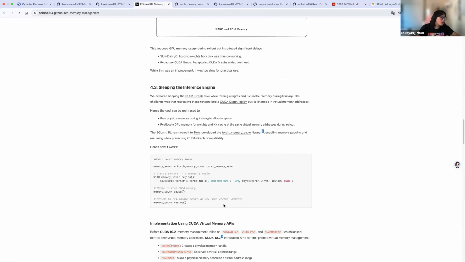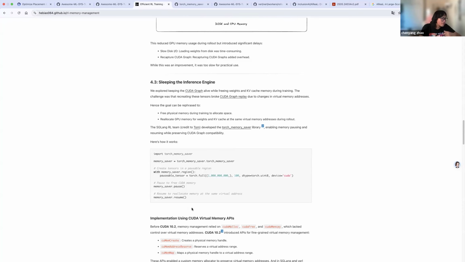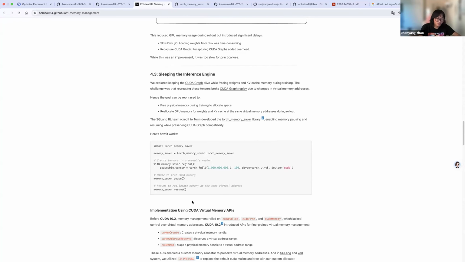After that we have a function called resume. Remember that memsaver keeps the same virtual address, so when we resume, we use the same virtual address, but we request new physical GPU memory.